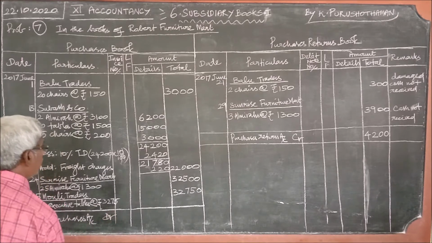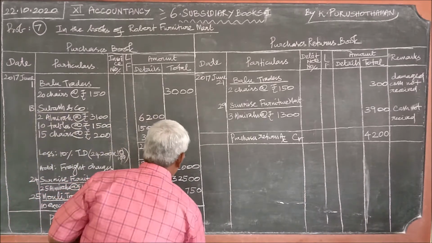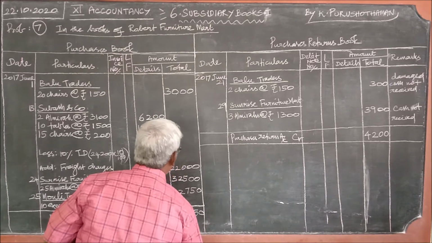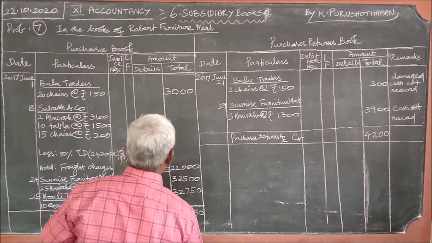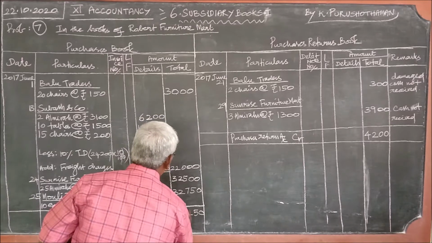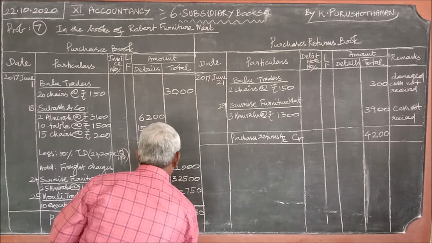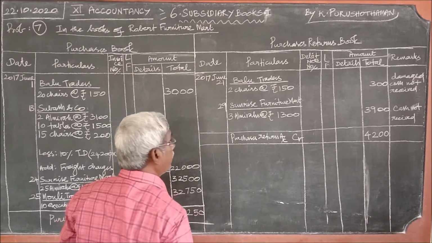We should find the total and write it. So 90,250. This is the total.